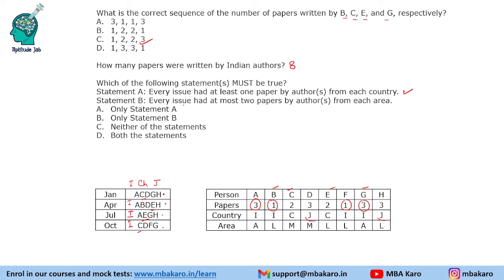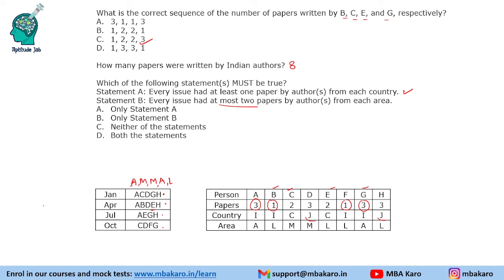The second statement says every issue had at most two papers published by authors from each area. At most means maximum two. So in January we have A, C, D, G, H. A is from automation, C is from manufacturing, D is from manufacturing, G is from automation, and H is from logistics. So we have at most two satisfied in January.